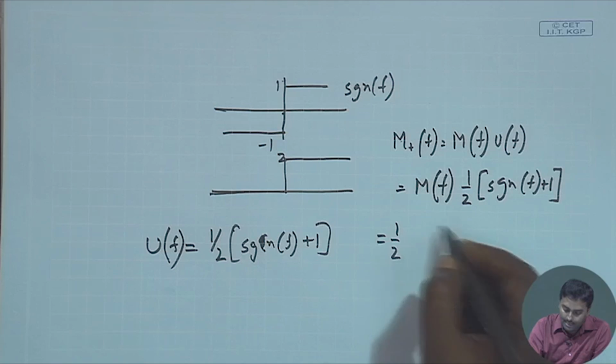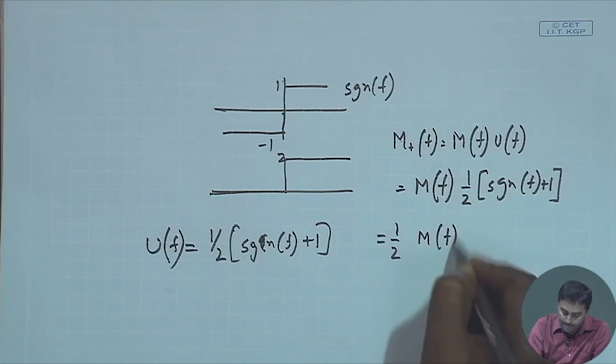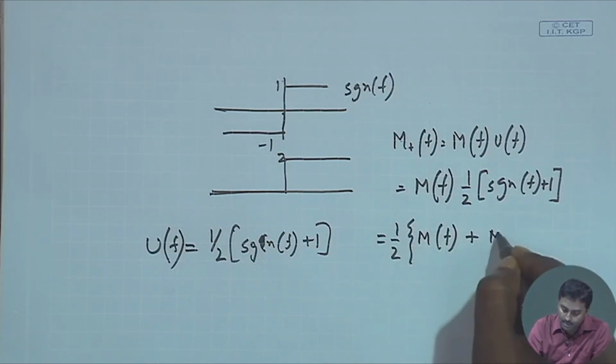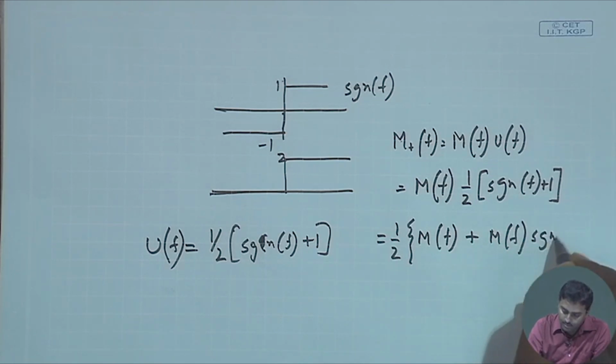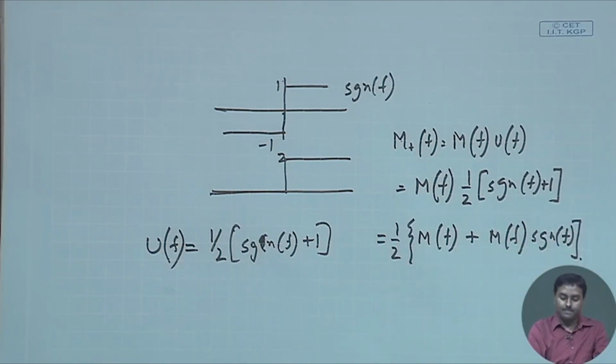This I can write as half, MF plus MF into signum F, right. I can write this way.